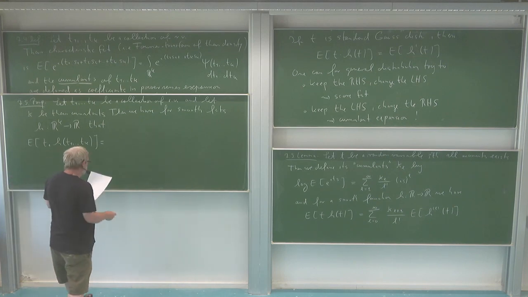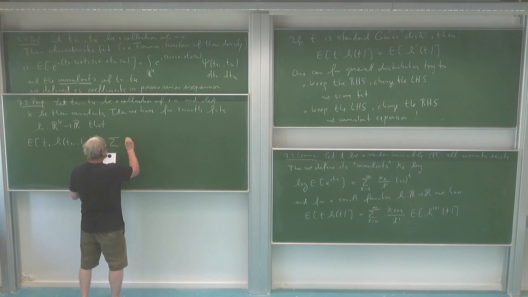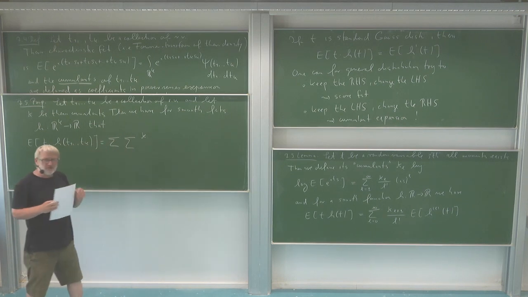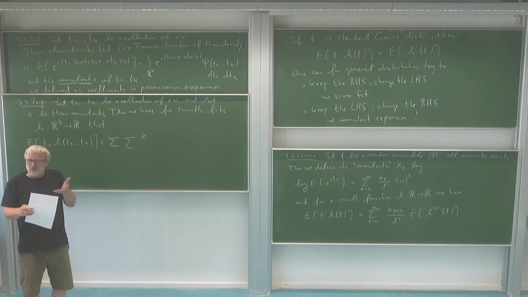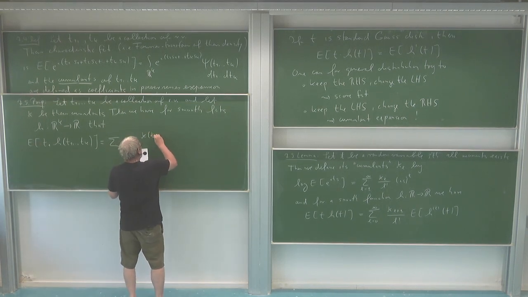I get, as here, a couple of sums. And then I have to sum over the cumulants. But now I have to specify the cumulant of which variable, and then I have to take derivatives. So I have here the cumulant of ti.